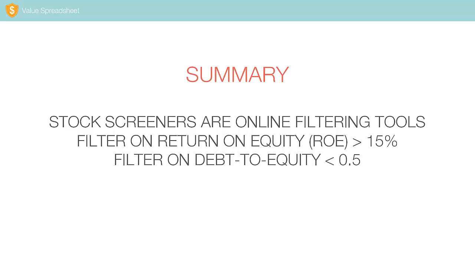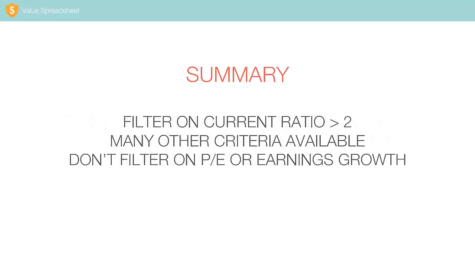Filter on debt to equity lower than 0.5 to return companies with low debt levels. Filter on current ratio higher than 2 to return companies which can easily pay their short-term obligations. There are many other criteria you can filter on, like market cap to show only small cap stocks, or dividend yield to only show companies which are paying a dividend.